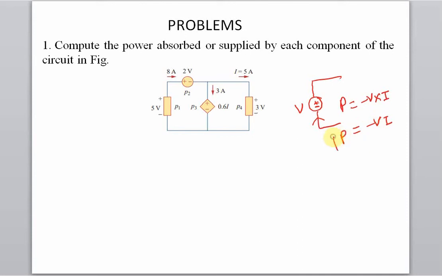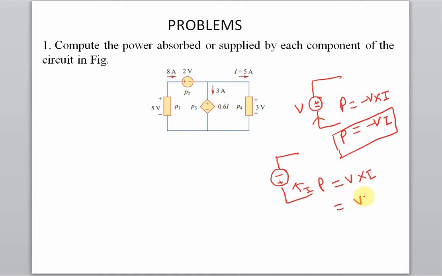This we can call a delivering power element. And when our current is entering the positive terminal of our voltage source, it may be like this, and the direction of current is this, then we can call it an absorbing power element. This one is an absorbing power element.